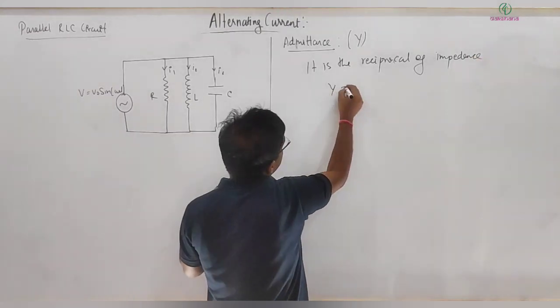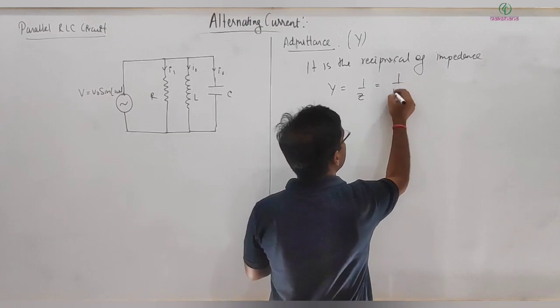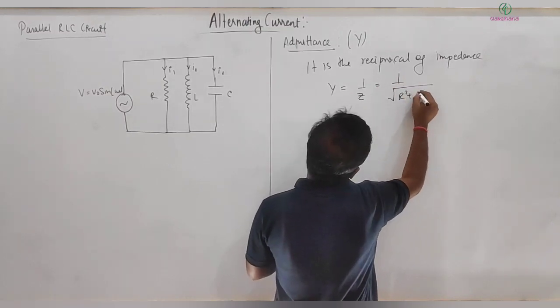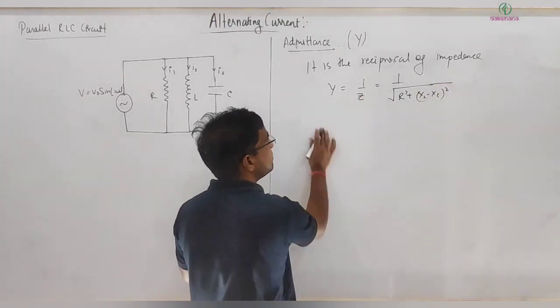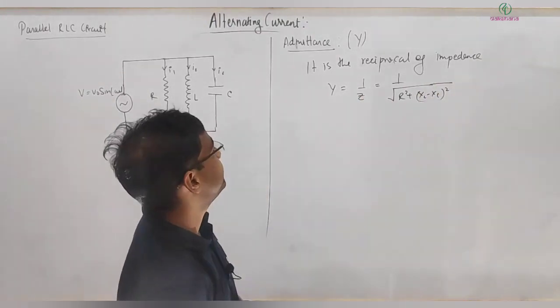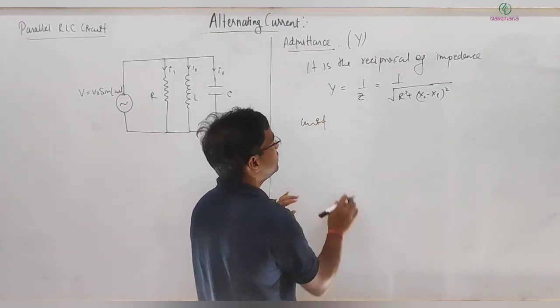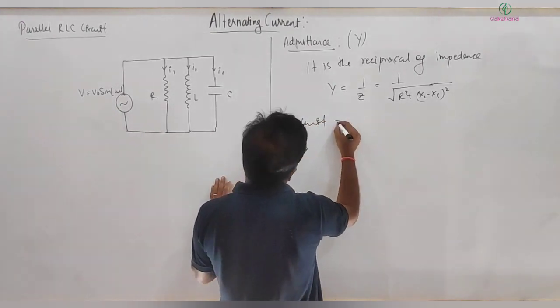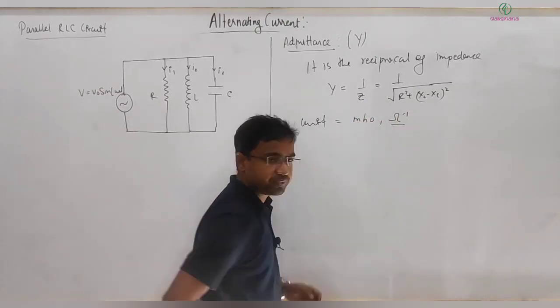So Y is equal to 1 by Z. Z you already know, it's the square root of R square plus (XL minus XC) whole square. We call this admittance, and its unit, of course, should be the inverse of Z, that is mho or ohm inverse, right?